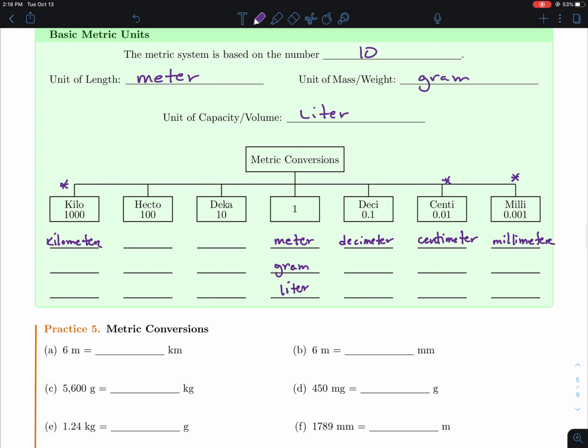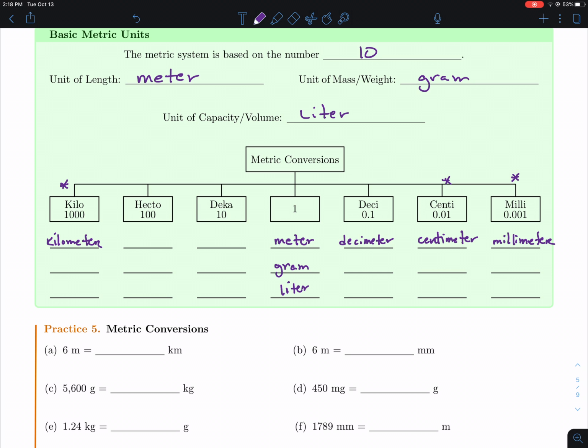And the nice thing is, you'll see after you've done the US conversions how complicated it can be because of the relationships between them. Here, everything's a piece of cake because we're just changing by tens every time. So we're just moving decimal points around when we're doing metric conversions. The idea is you have to figure out where you're starting first.